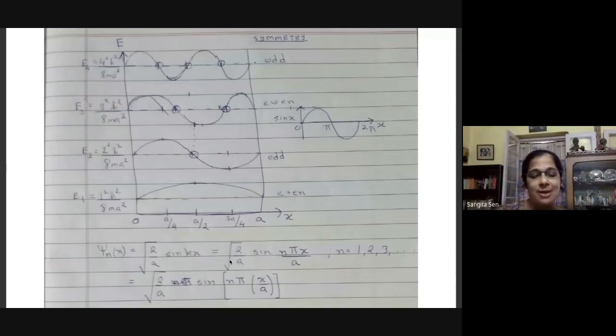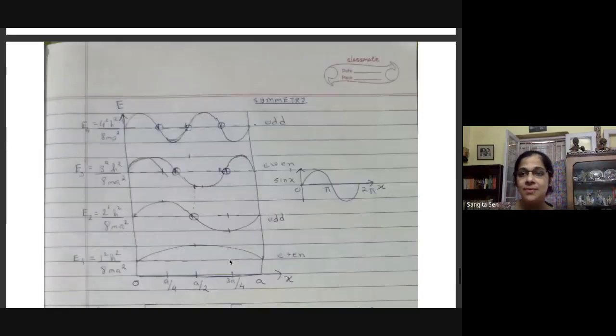In fact, if you do a few exercises on particle in a one-dimensional box, you will see that you can use it in many, many ways and get a lot of insight into various aspects of solving the Schrodinger equation for whatever system of interest you want. Okay.